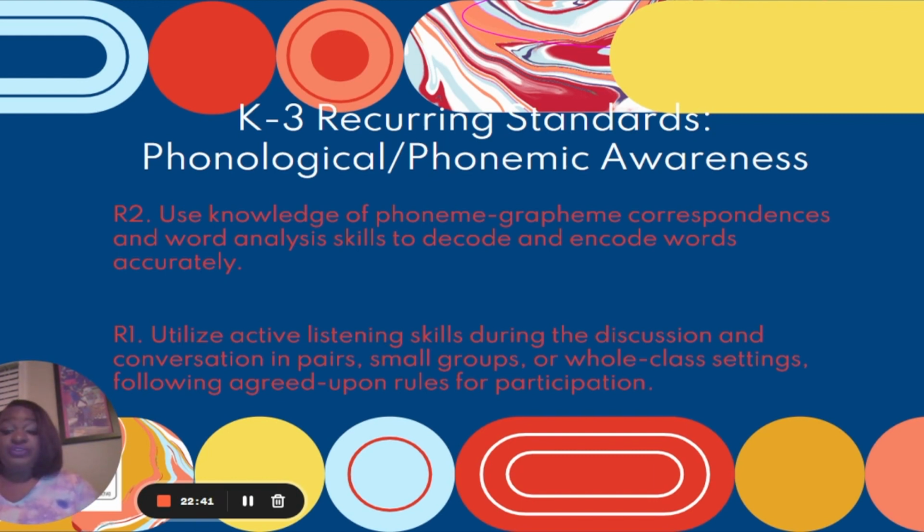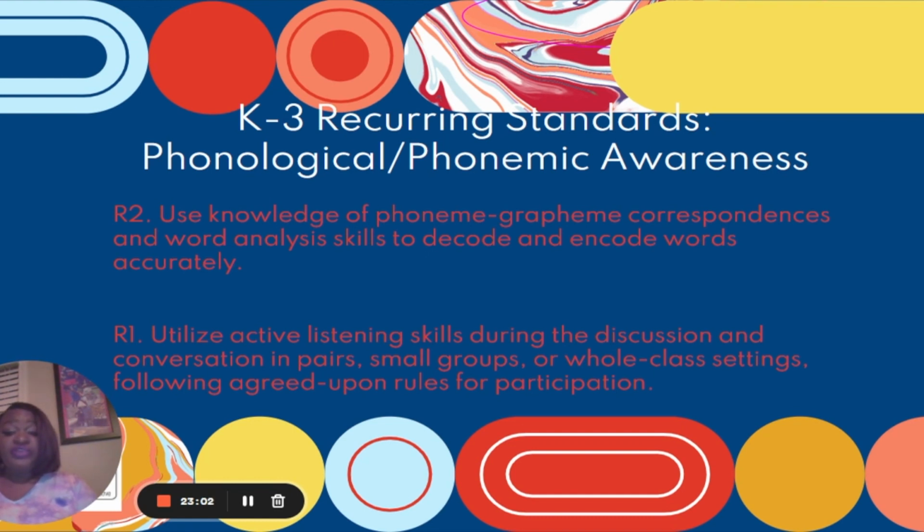In recurring standard 2, use knowledge of phoneme grapheme correspondences and word analysis skills to decode and encode words accurately. The operative word in recurring standard 2 is use knowledge.